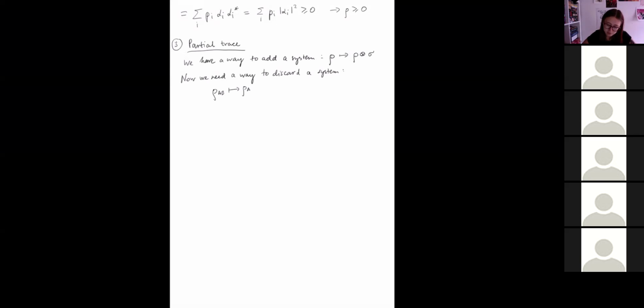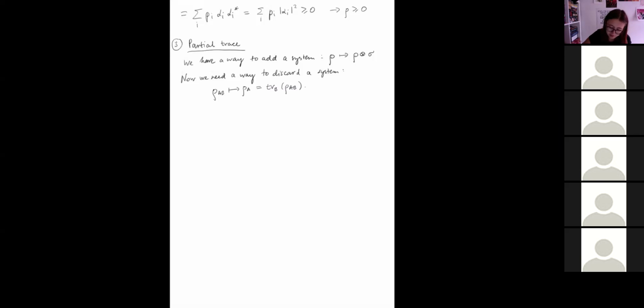And the partial trace operation exactly corresponds to what we have to do in this case. So to reduce the state of the bipartite system rho AB to just the state on the system A, we need to apply a partial trace operation.